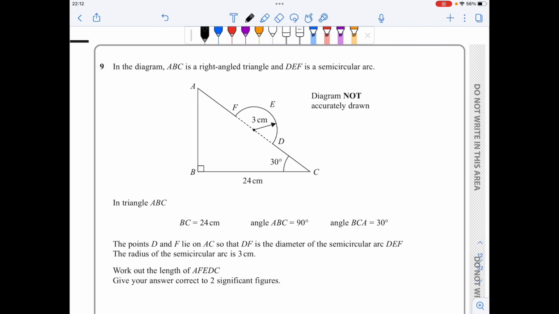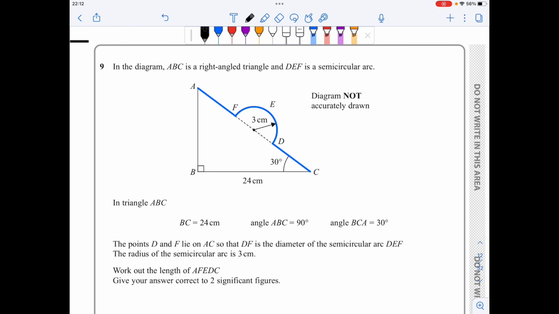For question 9, the length AFEDC, which I need to find, is the following. Now to do so, I will first find AC. I will subtract FD, which is 6, and then add FED, which is a semicircle.